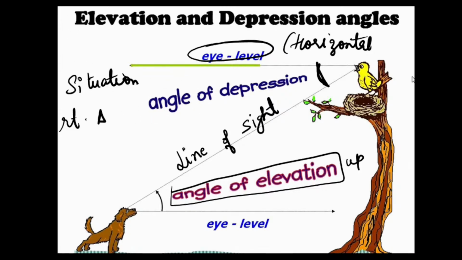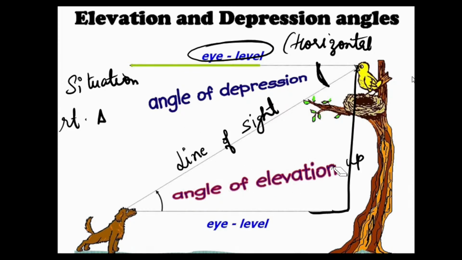Okay, then we will complete this triangle. This will become a right angled triangle. Depression angle you will get when someone is looking down, depression means below that point. And an angle of elevation you will get when someone is looking up.